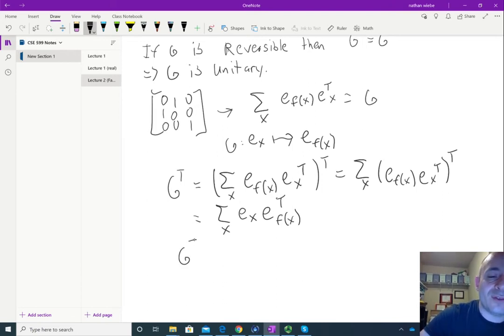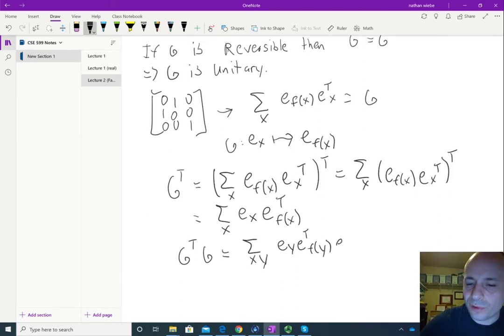So now, let's write this all out. What is G transpose acting on G? That we can just write as a sum over x and y of E y, E f of y transpose, times E f of x, E x transpose.